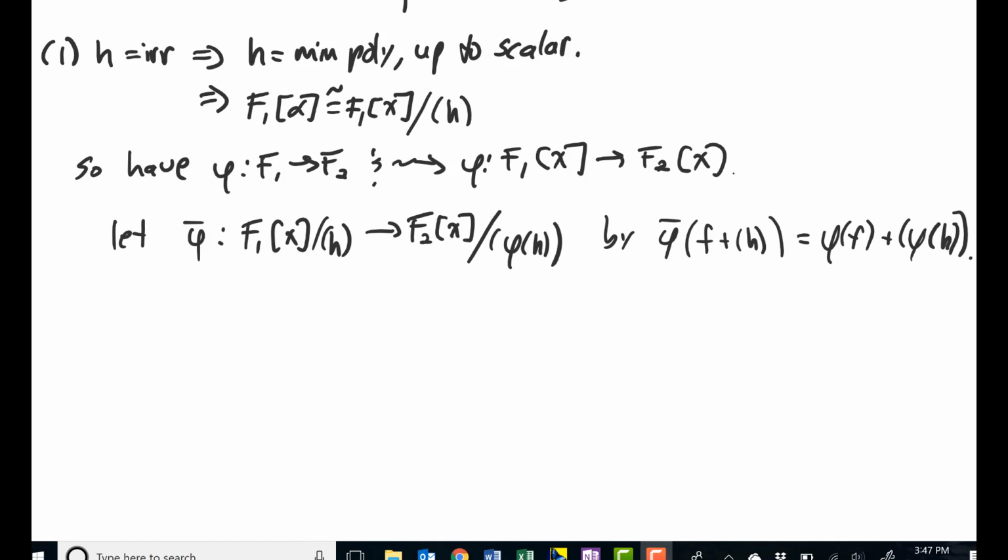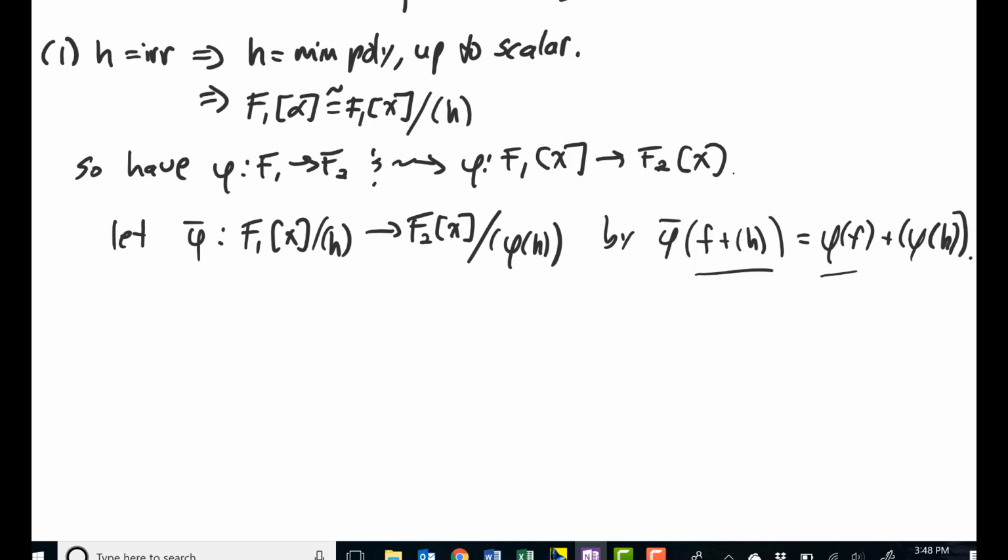So here's the definition. Phi bar will go from the quotient F1 of x mod h to F2 of x mod phi of h, just by mapping f plus h to, just applying it to the representative, phi of f plus the ideal generated by phi of h. So is this an isomorphism?